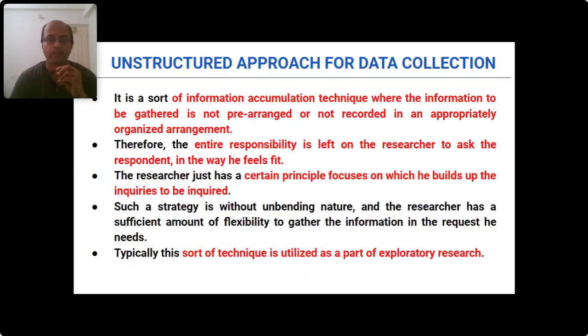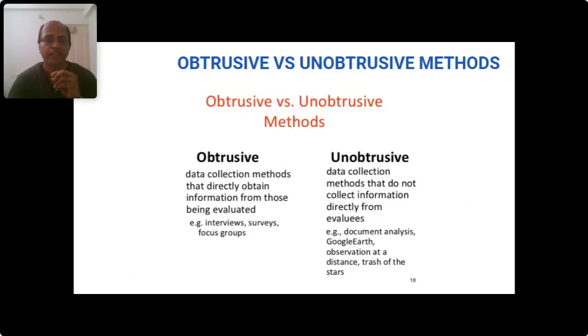Then you have different methods for collecting data, which include obtrusive versus unobtrusive methods. It's only the terminology, but the overall way of doing it is the same. Obtrusive methods are data collection methods where you collect the data directly from the respondent, whoever is being evaluated, like interviews, surveys, and focus groups.